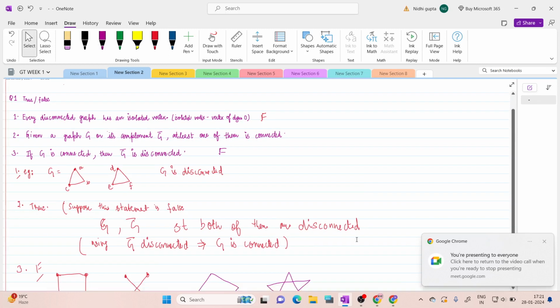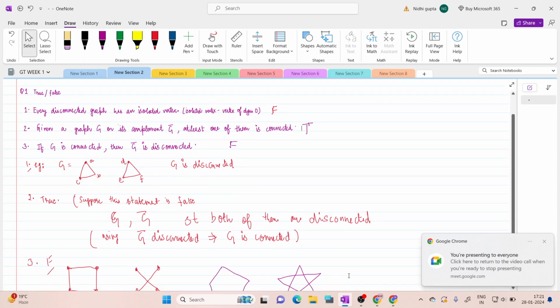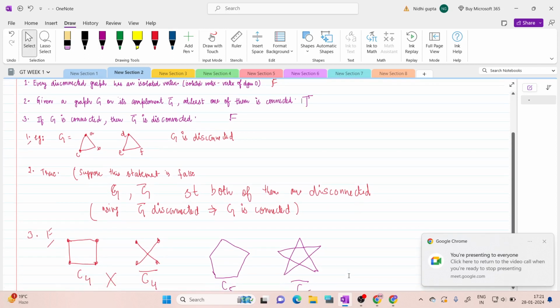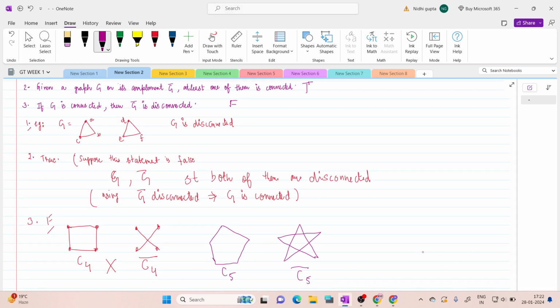Is everyone fine with the first question? Are there any doubts? Do we have a meaning of connectivity for directed graphs as well, or a different interpretation?